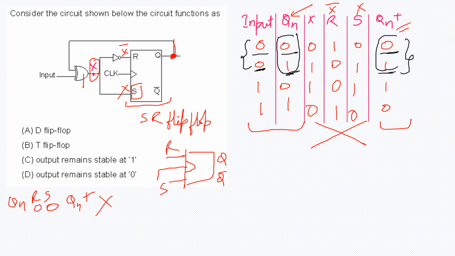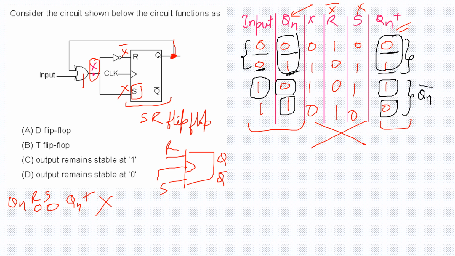Now once the input goes to 1, if the present output is 0, then your future output is going to be 1, and if your present output is 1, the future is going to be 0. So here you are getting Qn bar.